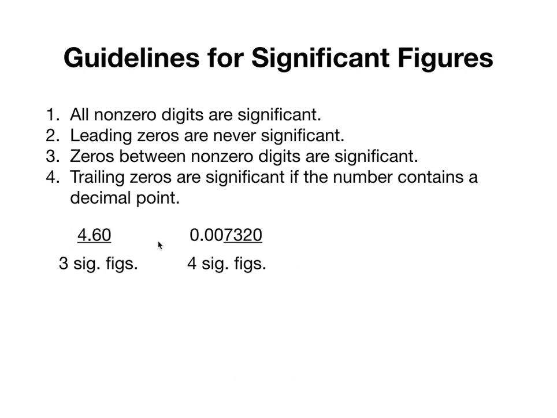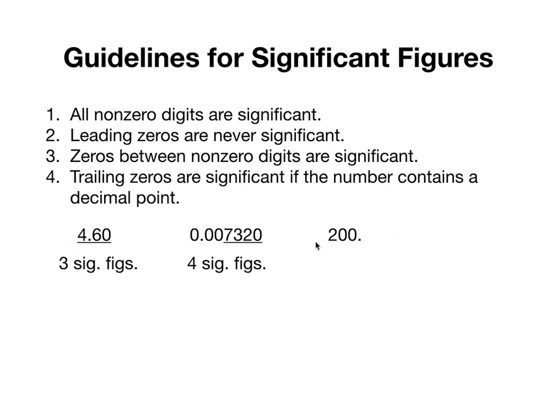Okay, and then we're going to look at one more example, or a couple of more examples here. 200. Okay, so look at this. This number is written in this way, 200, but there's a decimal there. So we know the 2 is significant. Both of these right here, these are trailing zeros.